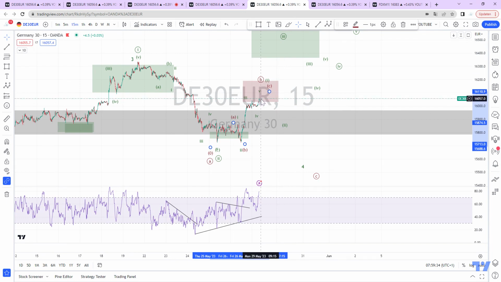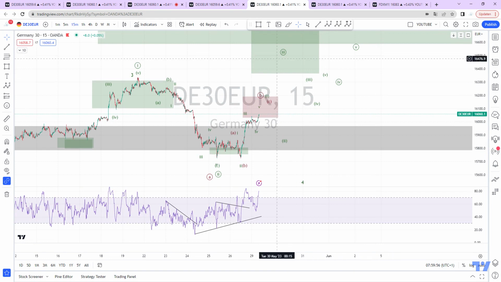In my opinion, I do not enter anymore here. If I missed the trade, I missed the trade. Nothing to do about it. Just wait. The market is moving every day. There is not every day a possibility to enter a trade, but almost every day. So you just wait, and this is the area where I want to go short.